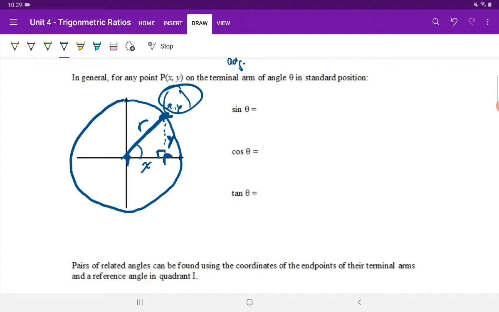Okay, so now instead of using words opposite, adjacent, hypotenuse, I'm going to use the letters for sine theta, if this is my angle of reference, theta. Opposite is my y, over, instead of hypotenuse, I'm going to use the letter r. So this is a new way to state the primary trig ratios without the words that we're familiar with of adjacent, opposite, and hypotenuse.